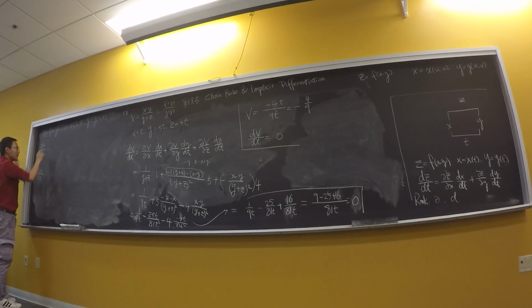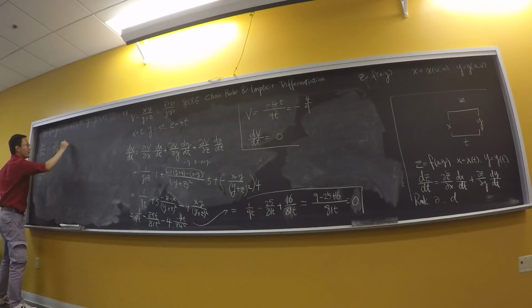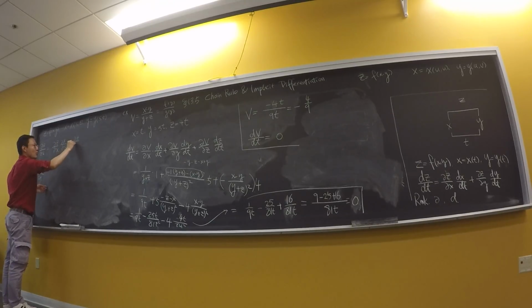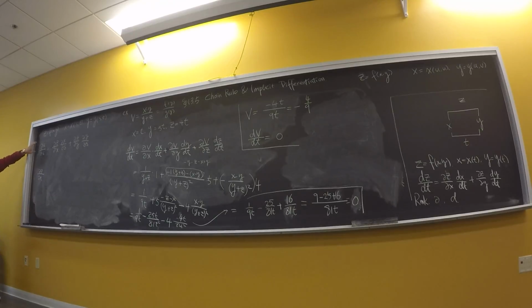Okay? So the chain rule says partial z, partial s is going to be partial z, partial x, partial x, partial s, plus partial z, partial y, partial y, partial s. So the chain rule for this function is pretty similar to that one.